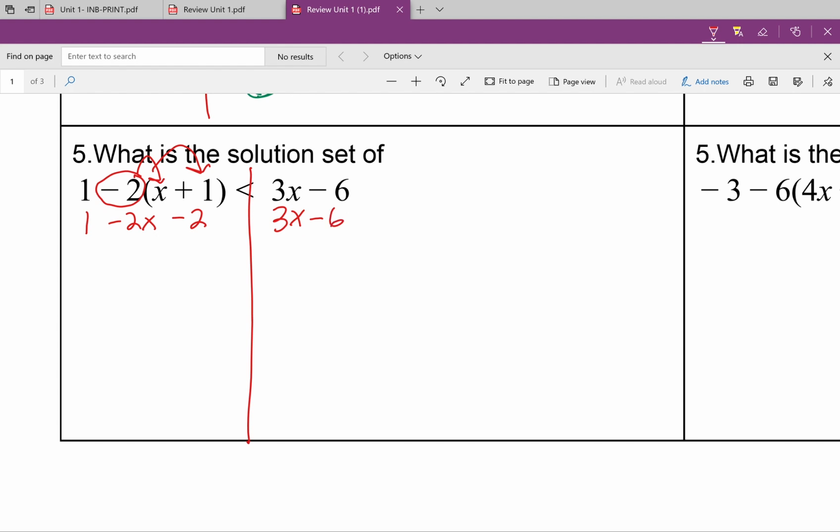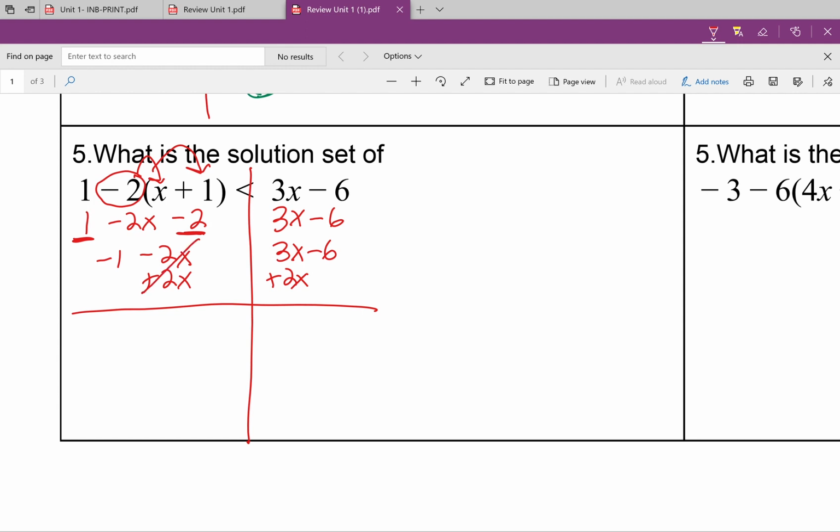So my next step is to combine like terms. I have a 1 and a negative 2. So 1 minus 2 is negative 1. Bring down the negative 2x. Bring down the other side. Now my goal is to get all the x's to one side. So I'm going to add 2x. Add 2x.